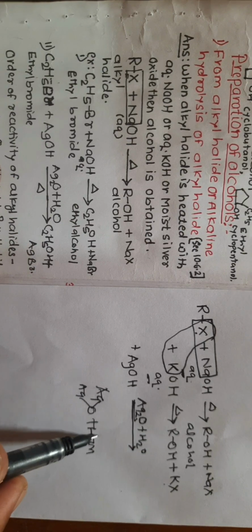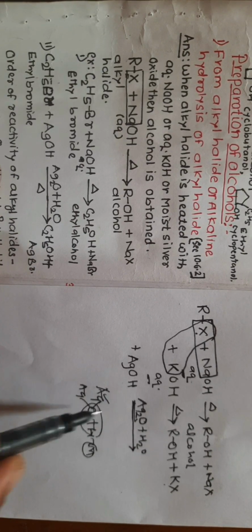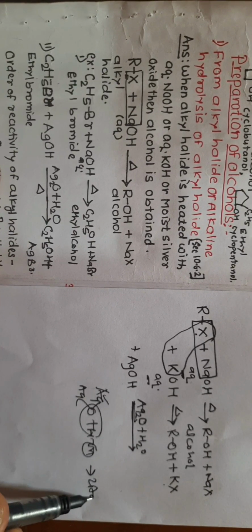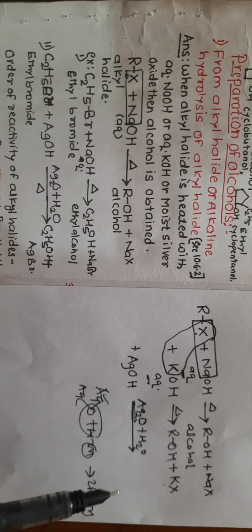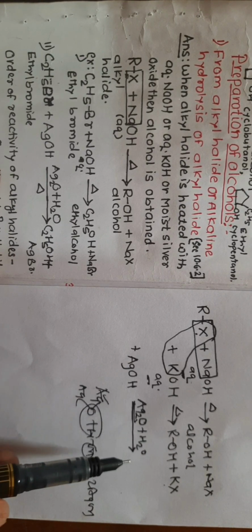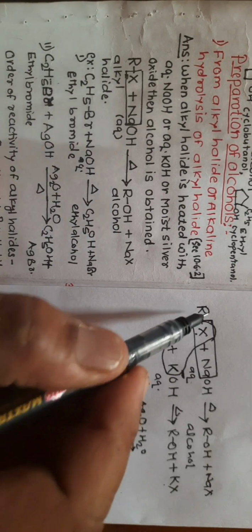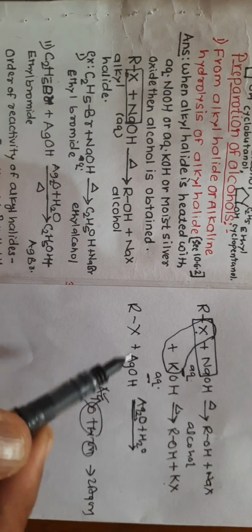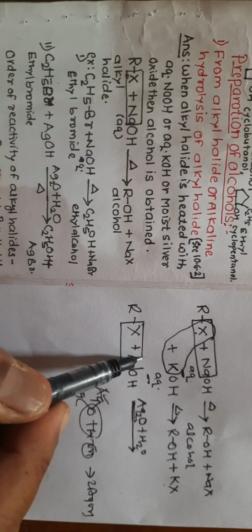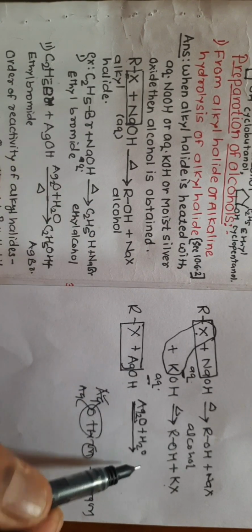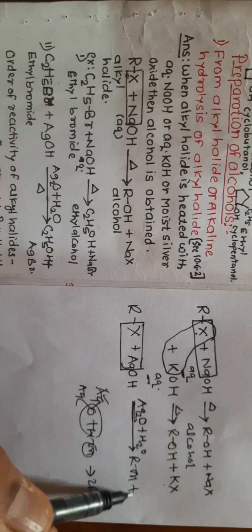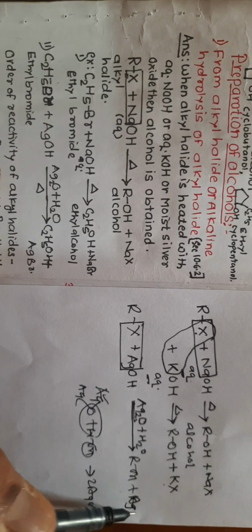Now this OH combines with Ag, and it gives 2AgOH, silver hydroxide. And this AgOH reacts with the alkyl halide again. This Ag combines with this X, and this R combines with OH, giving ROH plus AgX.